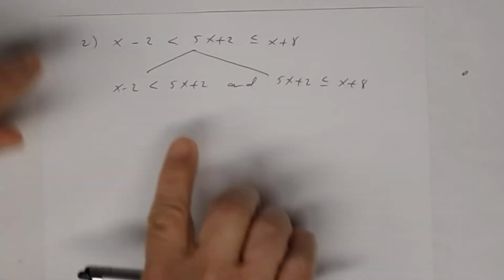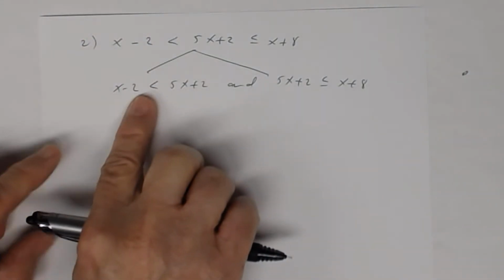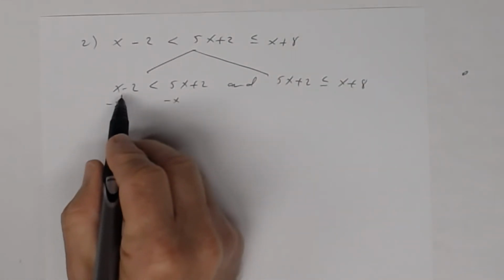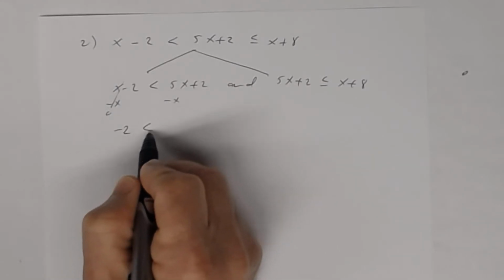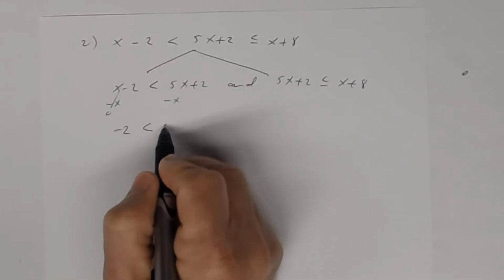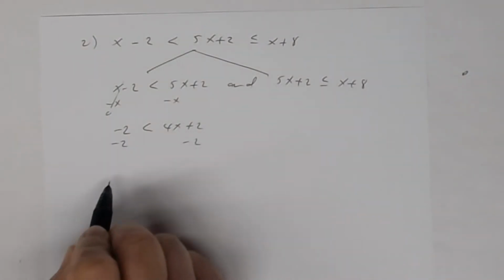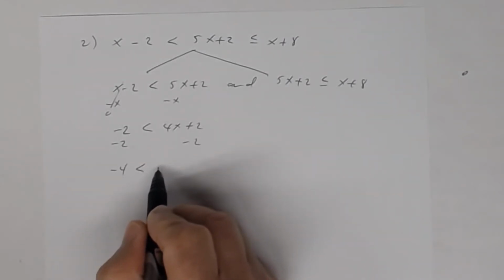And so notice you're going to solve each of those simple inequalities. For that one, let's subtract x from both sides. x minus x is 0, so you get negative 2 is less than 5x minus x, which is 4x, plus 2. Subtracting 2 from both sides, negative 2 and negative 2 is negative 4, which is less than 4x.